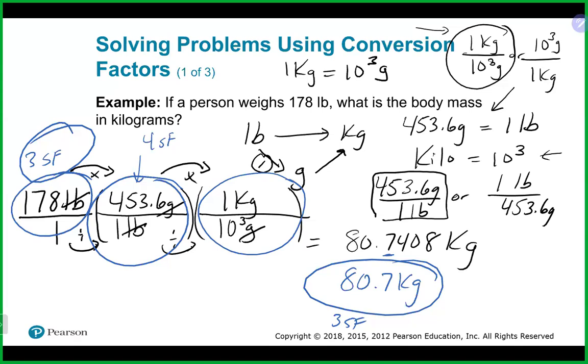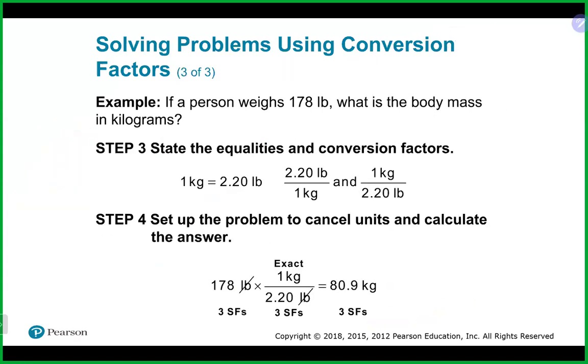Definitely with conversion problems, there are multiple pathways depending on which sort of conversion you pick up and go with. But if they're all legit conversions, they all should give you pretty much the same answer at the end. Maybe slightly different with some rounding and stuff like that, but it should be fairly close. Other questions? All right.